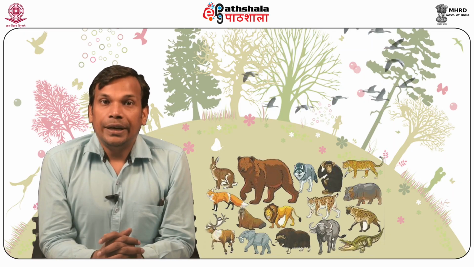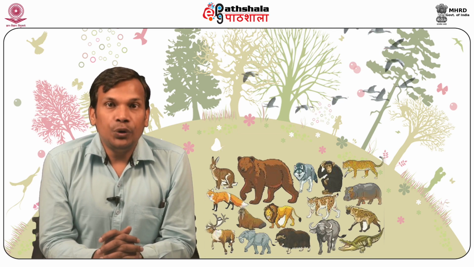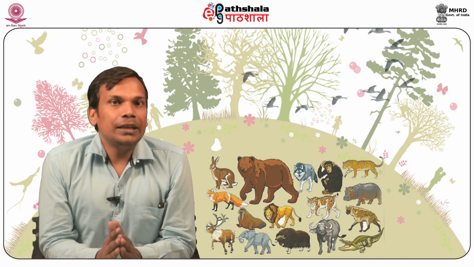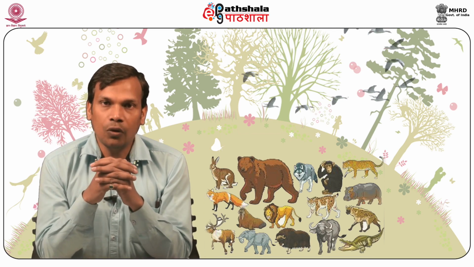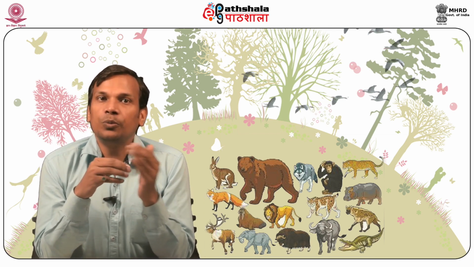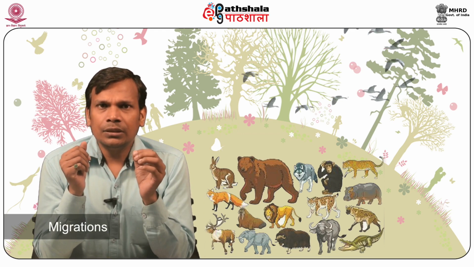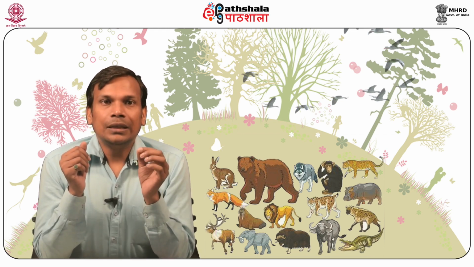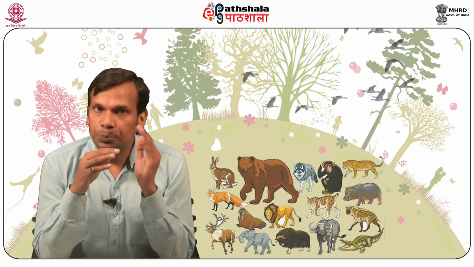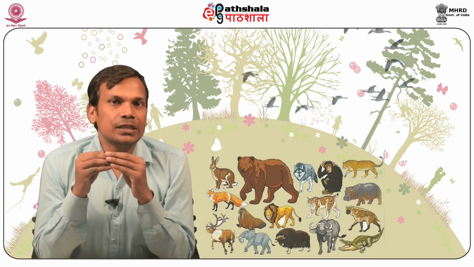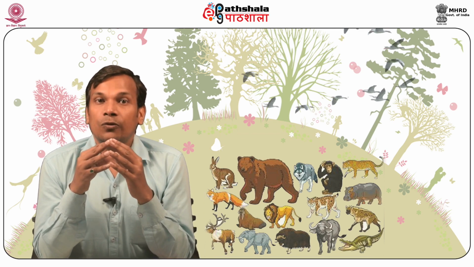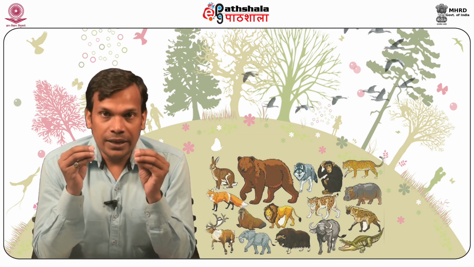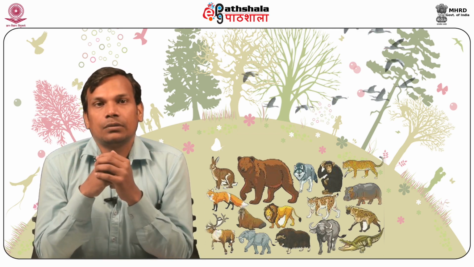Migration. It is a two-way, periodic or seasonal departure and return of organisms from and to the population. Migration is particularly seen in mammals, birds, fishes, and some insects. Migratory movements of animals are categorized into three types.